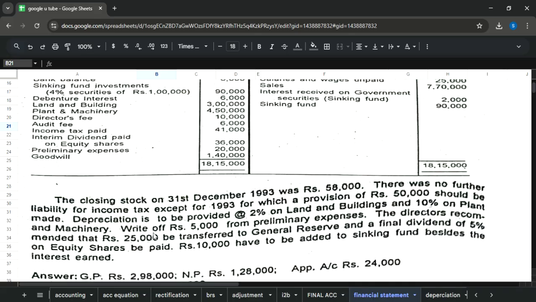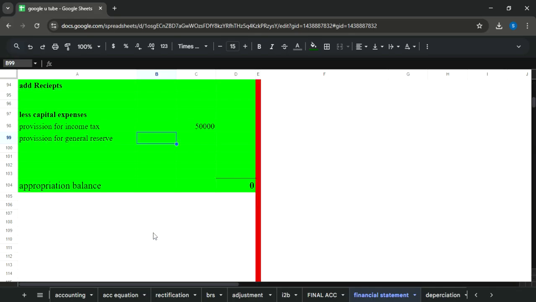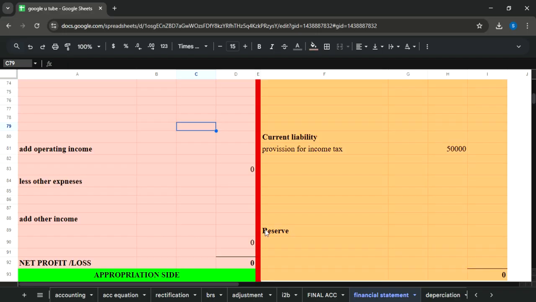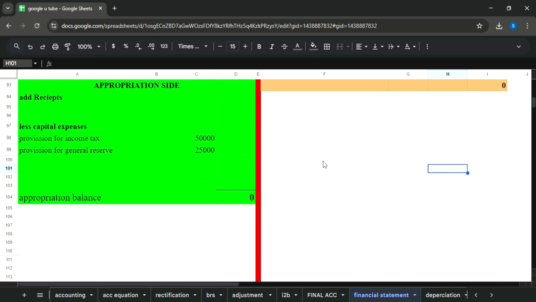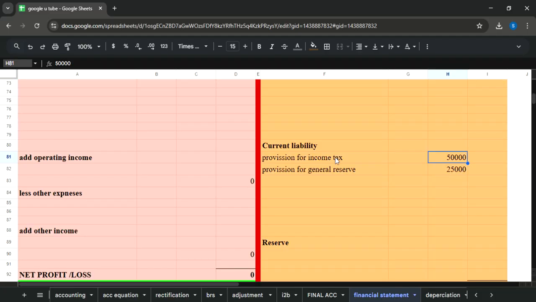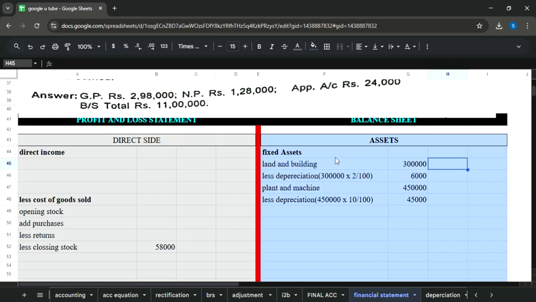Amount is 25,000. Put 25,000 in appropriation debit side, and now in current liability, provision for general reserve 25,000 would also be mentioned over here. So two effects we have seen, one on appropriation debit side, one in current liability side.